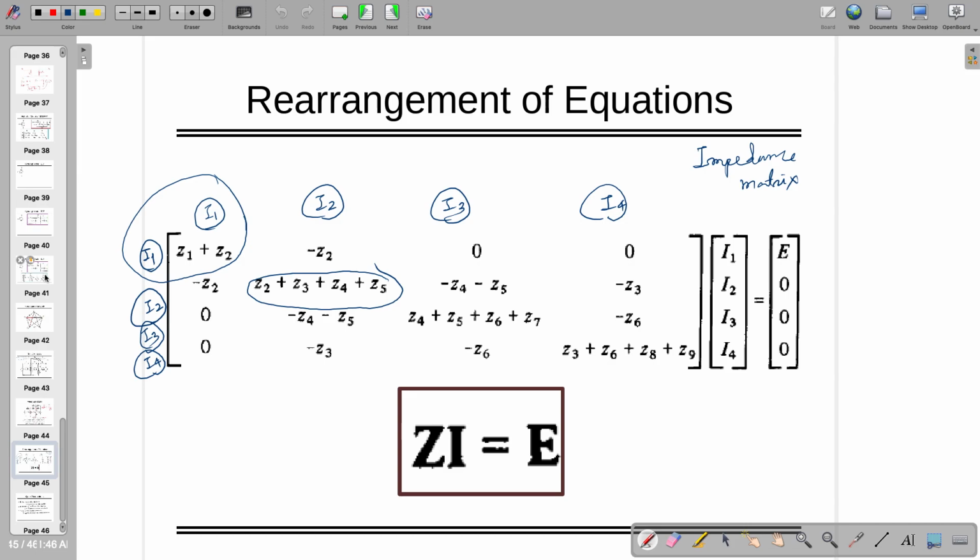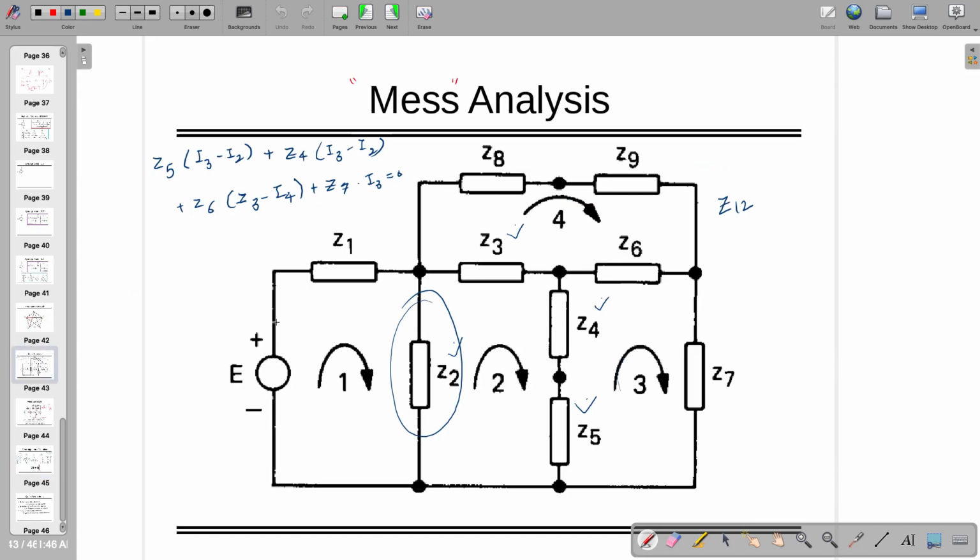E is at the first side, right? It's in the first loop. If it is between 1 and 2, then we write for 1 and 2 both, like under Z2. Then you have to keep one more voltage on that side also.